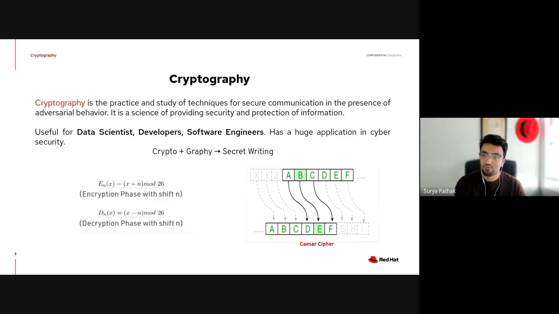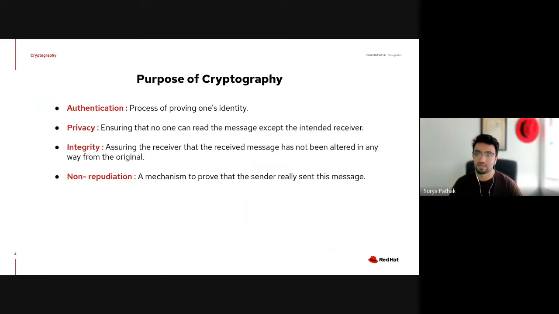So what is the main purpose of cryptography? The main purpose is authentication. It should authenticate one's identity. Also, privacy, ensuring that no one can read the message except the intended receiver.